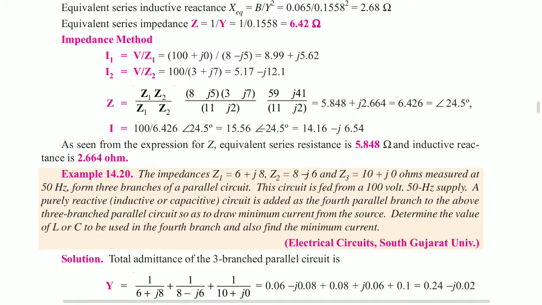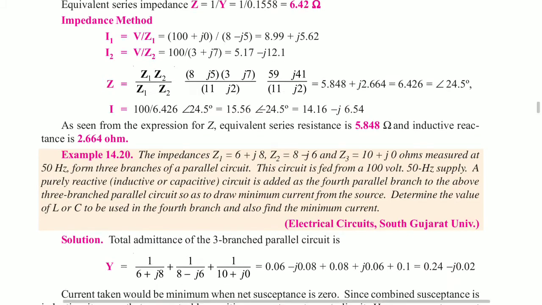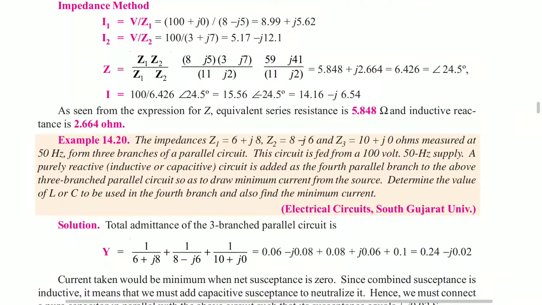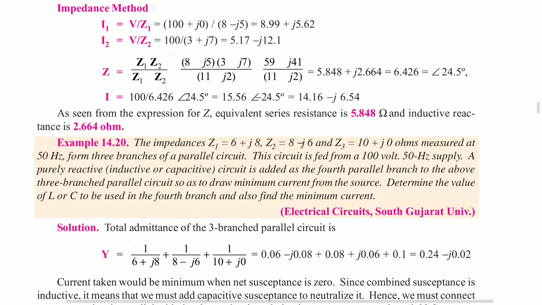So now I is equal to voltage by impedance, that is 100 by 6.426 angle 24.5 degrees, that is equal to 15.56 angle of minus 24.5 degrees, that is equal to 14.16 minus j 6.54.